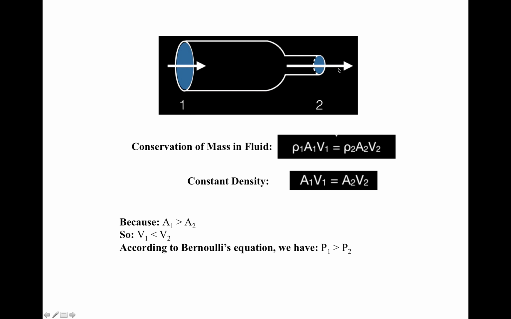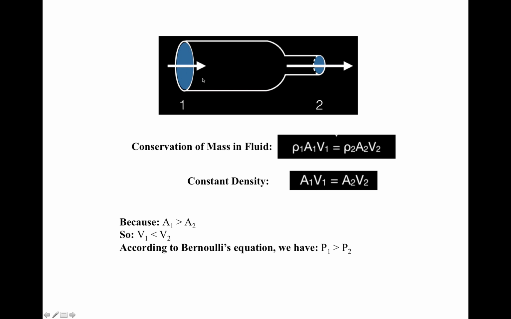The mass equals density times volume. Suppose the density of the fluid coming in is rho 1. The volume is the cross-sectional area, let's say A1, times the distance the fluid has flown through.